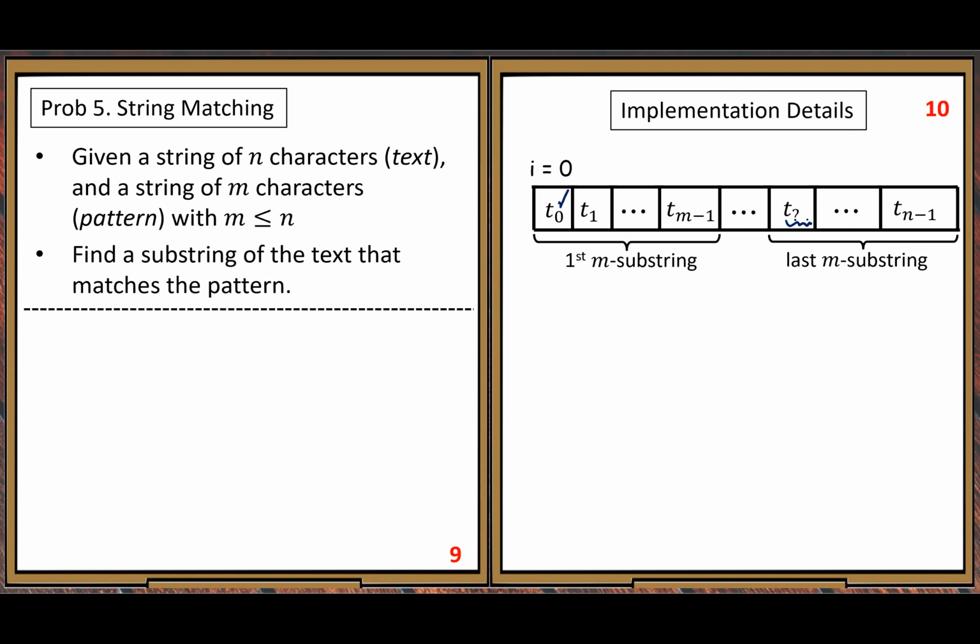What should be the correct location of the last M substring? After we figure that out, we can write that for loop easily. It's a small problem, but we need to solve it first.